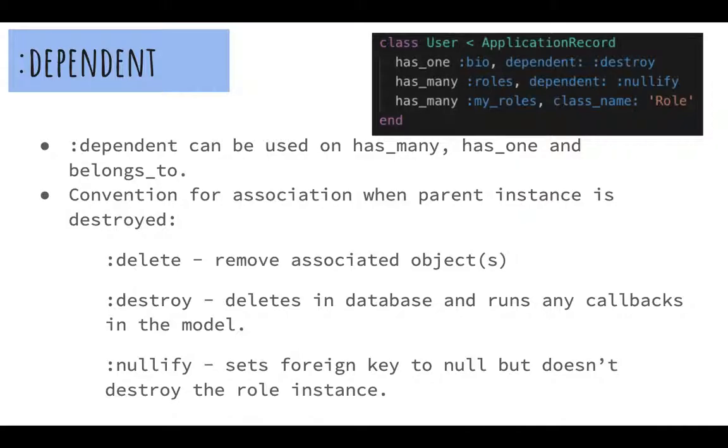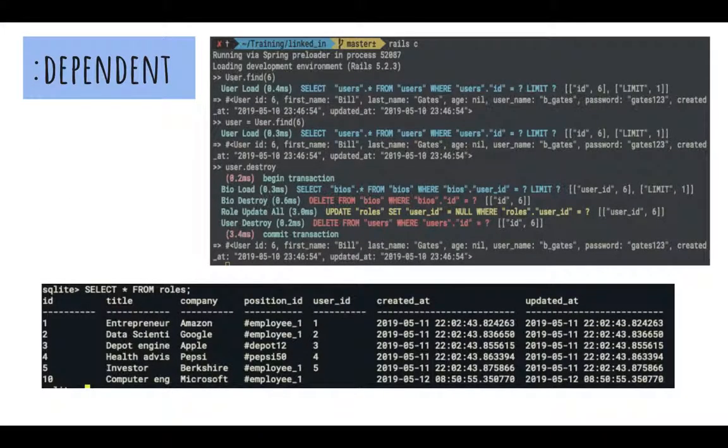Alternatively, if we want to keep the data but we want to destroy the user, then we can use dependent: :nullify, which would just set the foreign key to null but won't destroy the role instance. The main difference between delete and destroy is that destroy runs any callbacks in the model, whereas delete will just remove any associated objects.